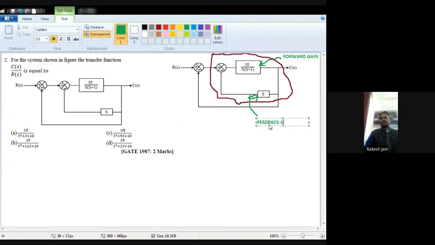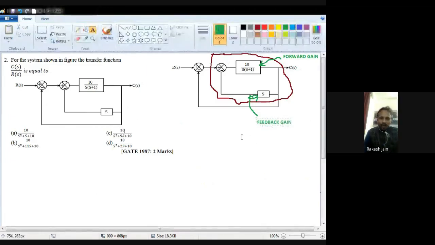So first of all we just solve this inner block. So we know how to find out the gain of any block diagram, the transfer function of any block diagram. I am talking right now about the inner block diagram, right? So how can we reduce it? Forward divided by 1 plus or minus forward into feedback.